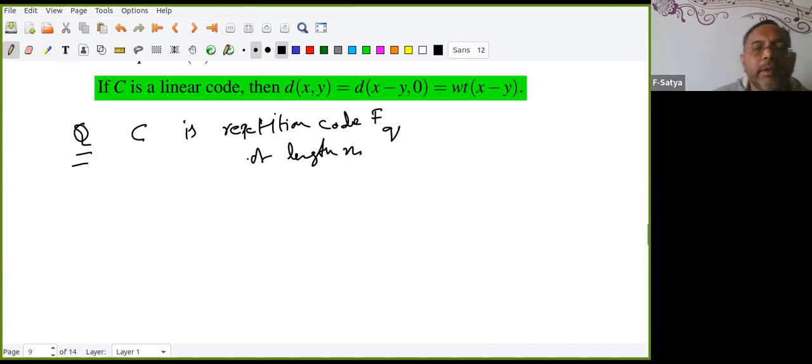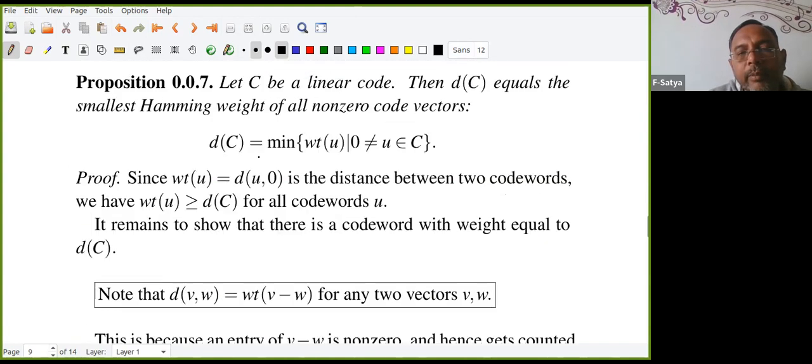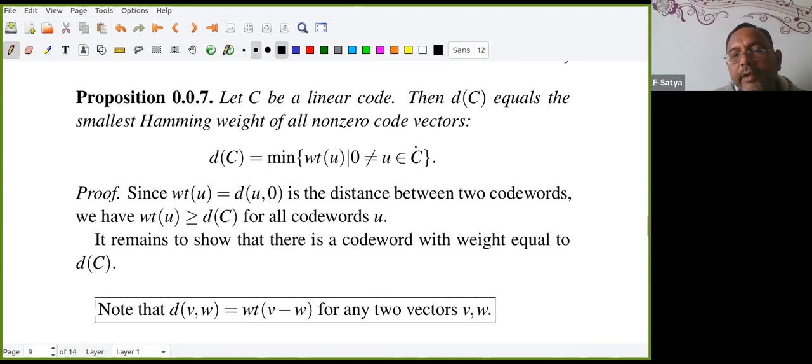One more thing I forgot to mention here, and it is very important: non-zero is important. Otherwise, the weight of the zero vector is always zero. I have to take the minimum over the non-zero code words. Yeah, I forgot to mention this, very important.